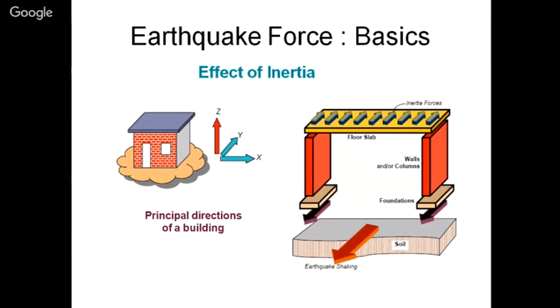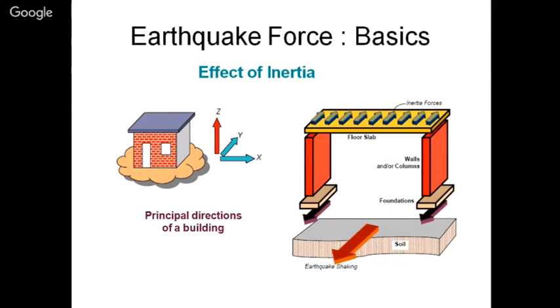This is the basic thing: how the earthquake acts and how the load is transferred, in what direction it acts. As we have a rigid diaphragm, or a slab above our vertical elements, it is like when we travel in a bus: as soon as the bus starts, our body moves back as our legs are in motion with the floor of the bus.